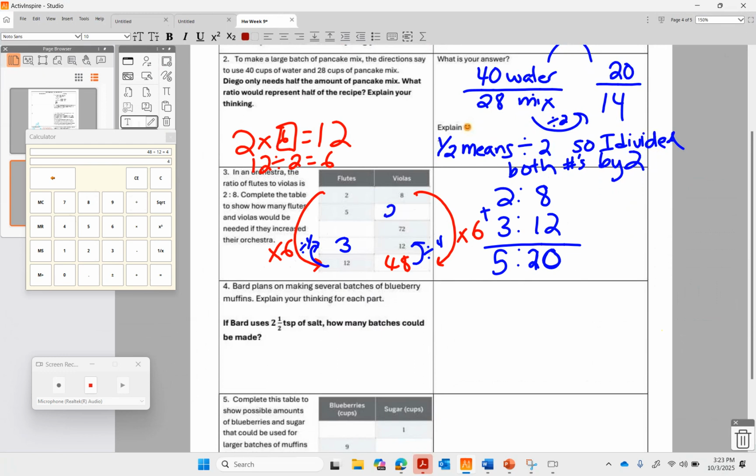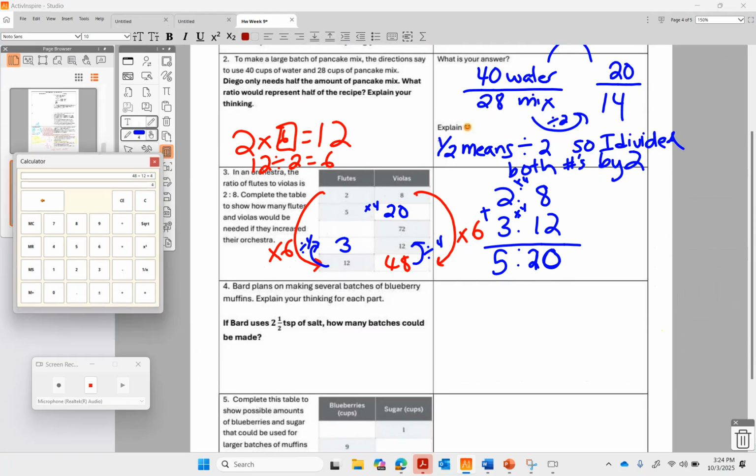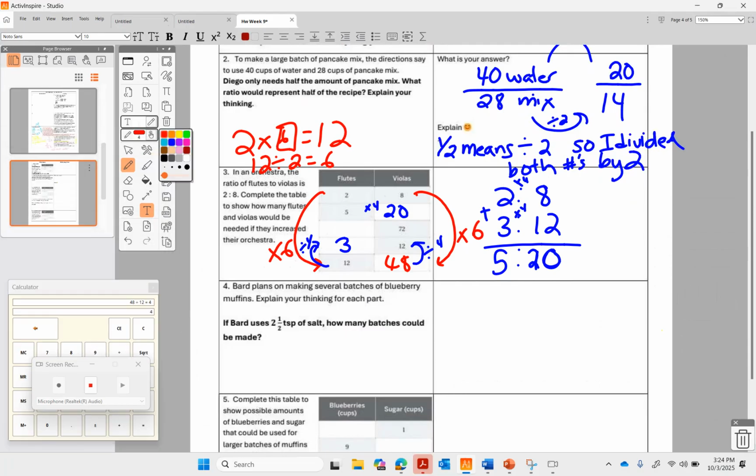The other thing I might have noticed is that 2 times 4 is 8, and 3 times 4 is 12. So 5 times 4 is 20. So the same thing for this last one. I'm going to change color so you can see what I'm doing. There's lots of different patterns here. Let's go orange. Is some number times 4 equals 72.